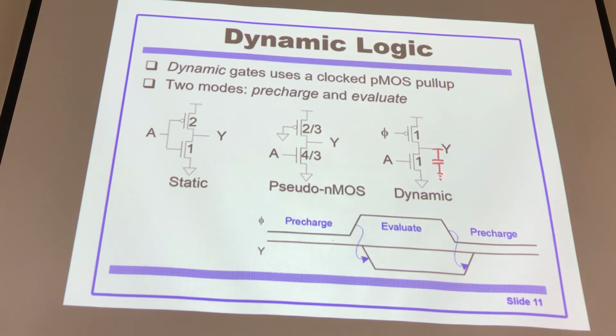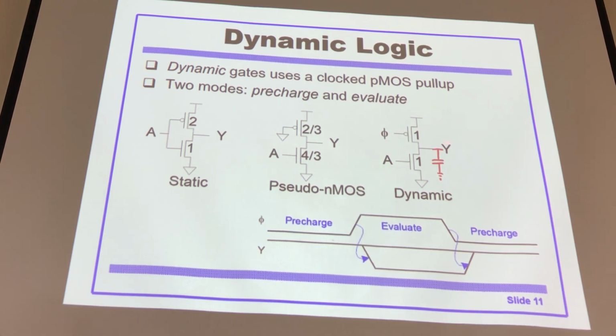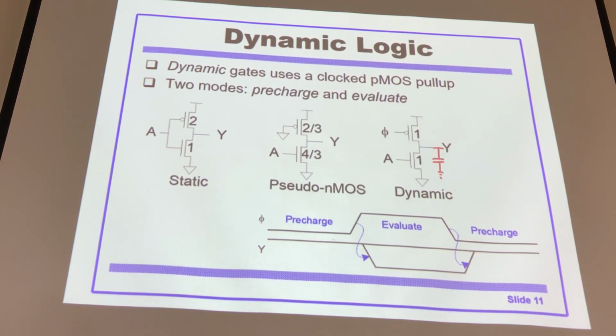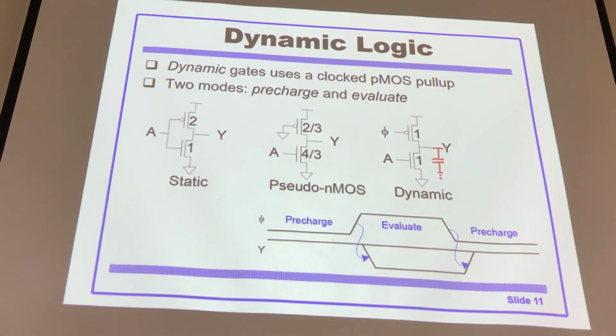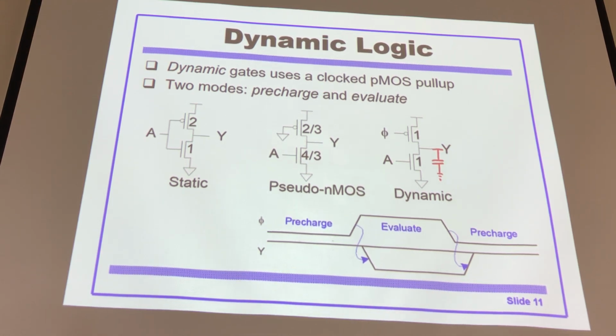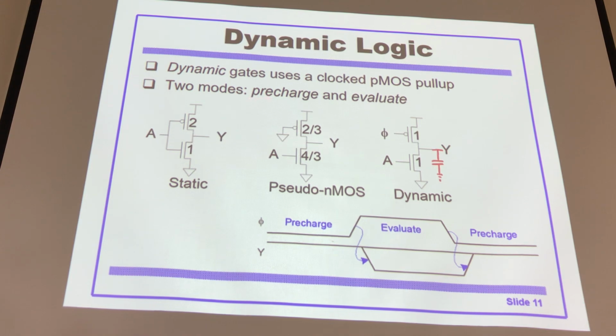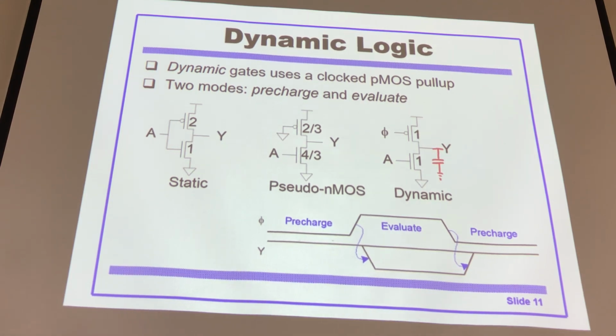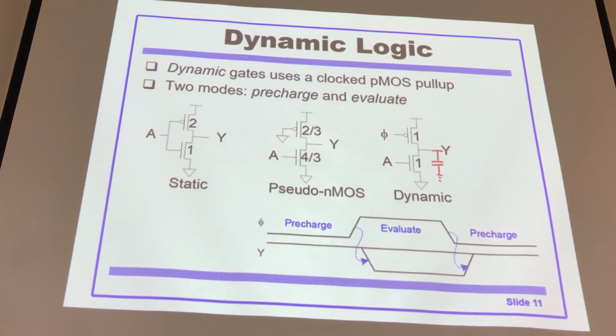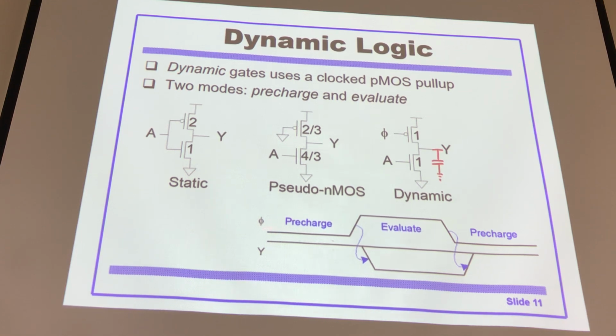So assume that there's a capacitor here, and phi is the clock signal, A is the input, Y is going to be the inverted value of the input A. And there are 2 phases for the dynamic logic, pre-charge and evaluate, depending on your clock signal.